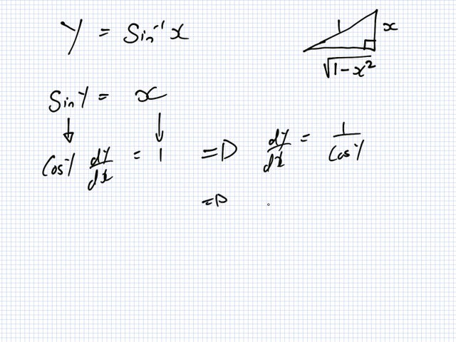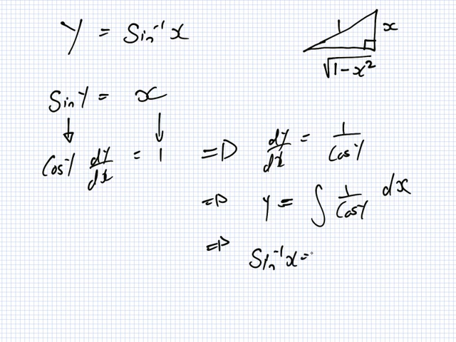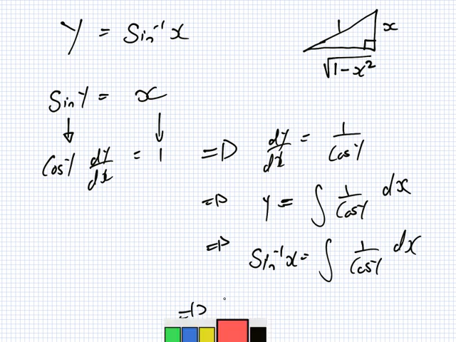So that means y equals integrate 1 over cos y dx. So sine inverse x equals integrate 1 over cos y dx. And what's 1 over cos y? Well, let's look here. Cos y will be square root 1 minus x squared over 1.